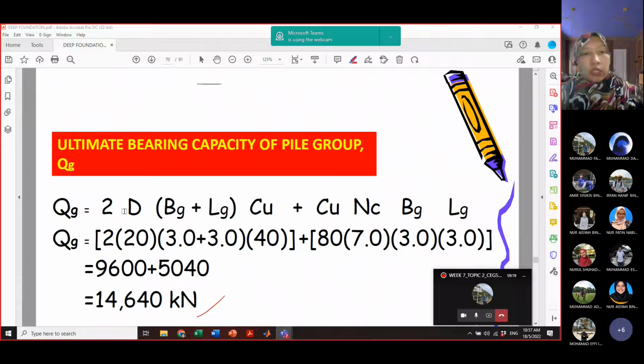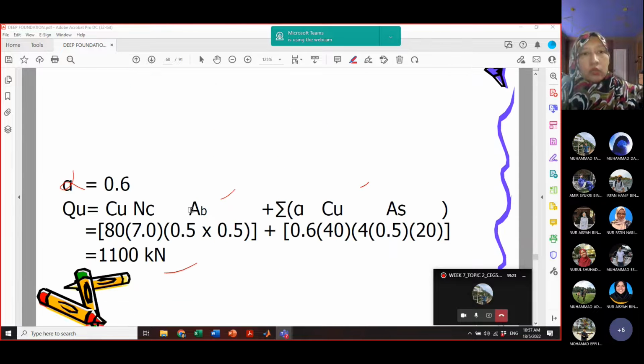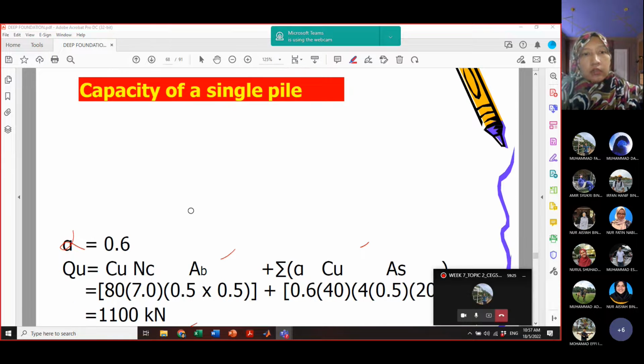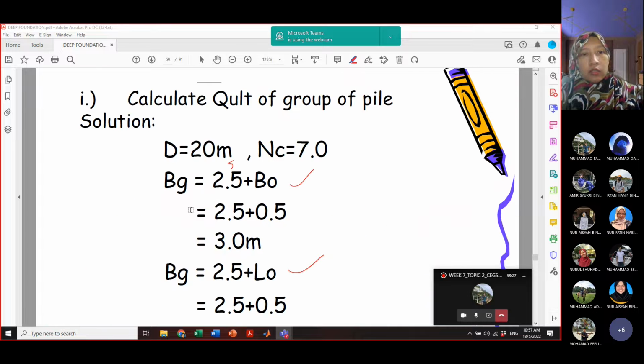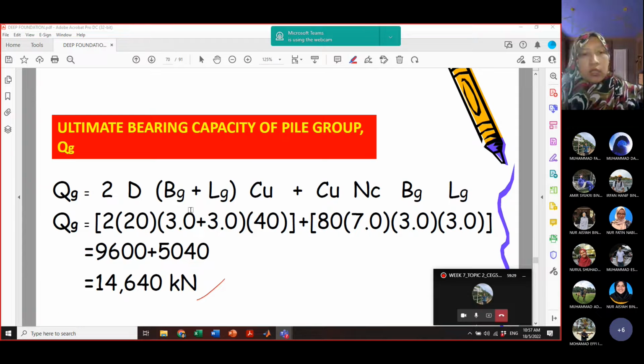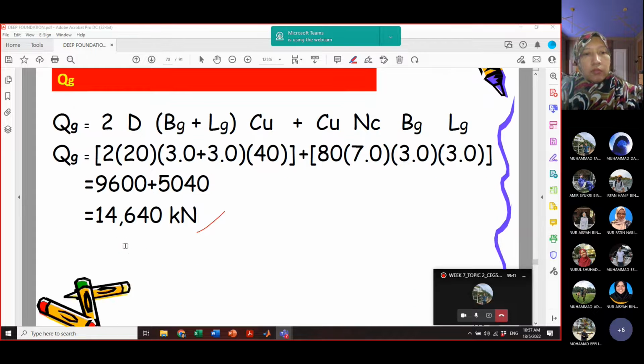Sebab kita nak pakai this formula. Formula ni yang sesuai untuk group pile. Yang formula tadi ni untuk single pile. And then for group pile, kita dah dapat dia punya equation. So kita insert balik. So the group pile consisting of 4 friction piles equals 14,640 kilonewton.